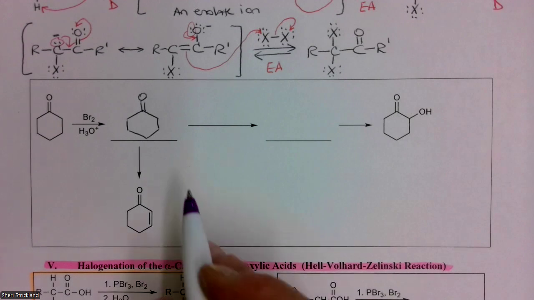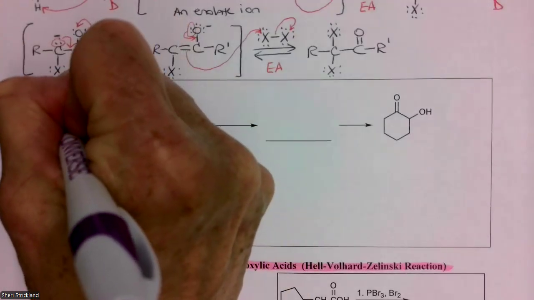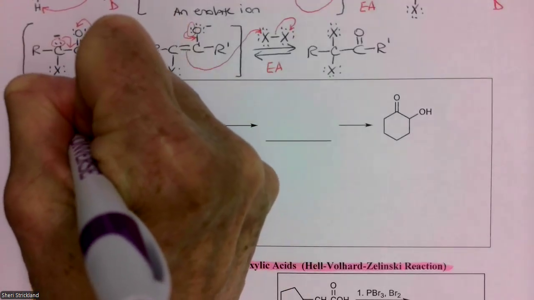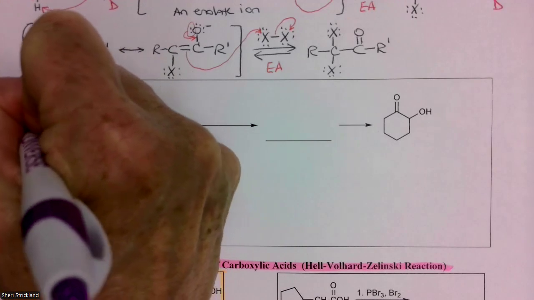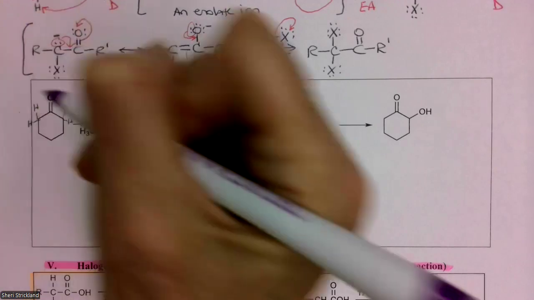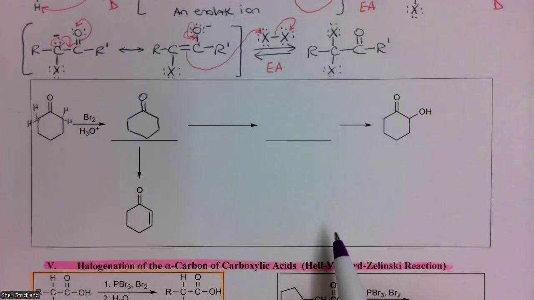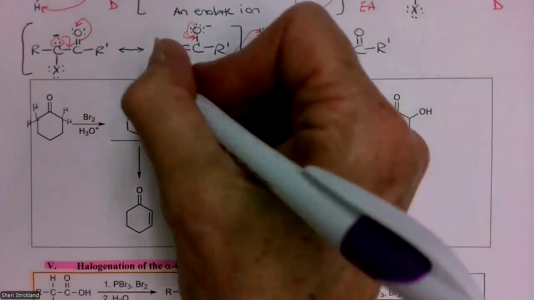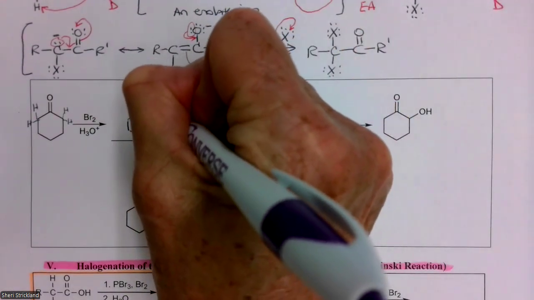All right, so your choices, of course, were that either we're going to replace one and only one, or replace all of them. And it depends on whether it's acidic conditions or basic conditions. Because it's acidic, it only replaces one.